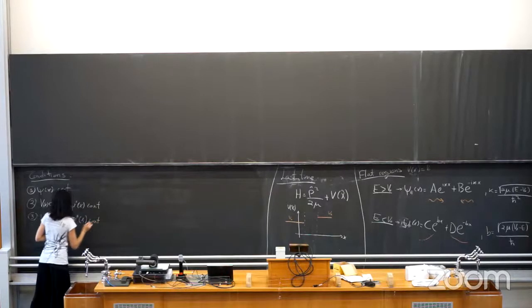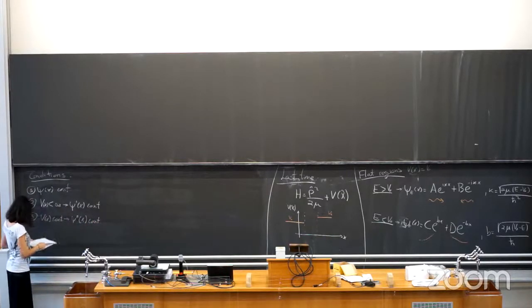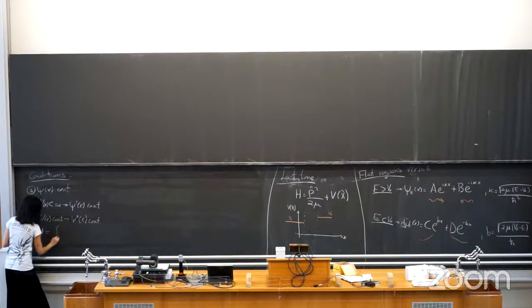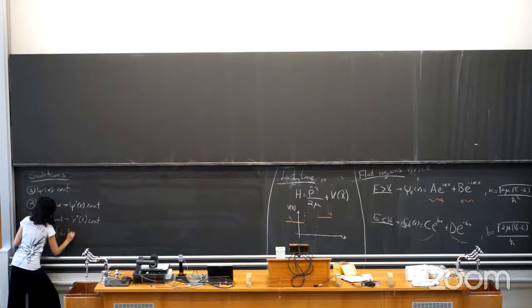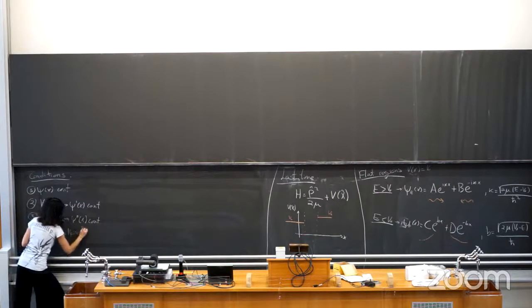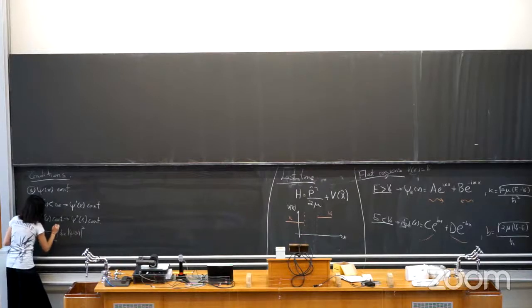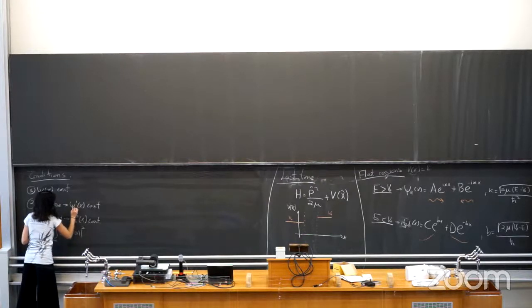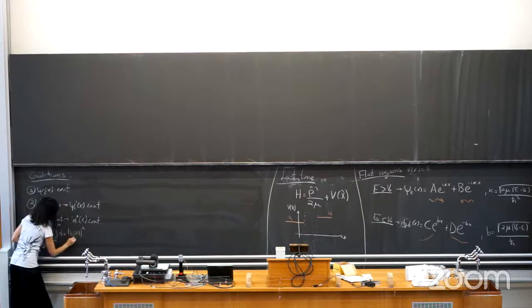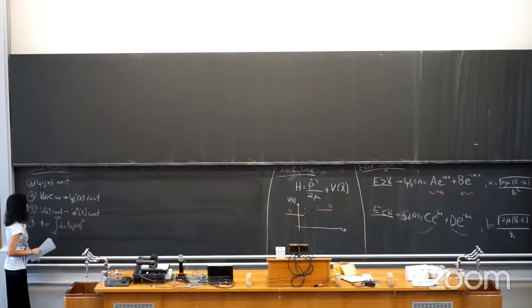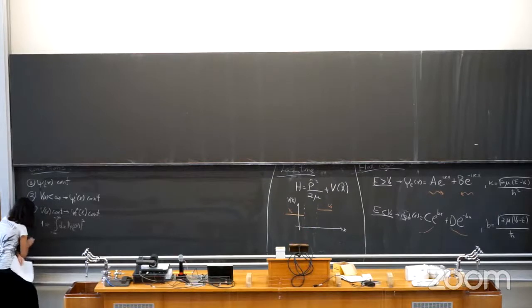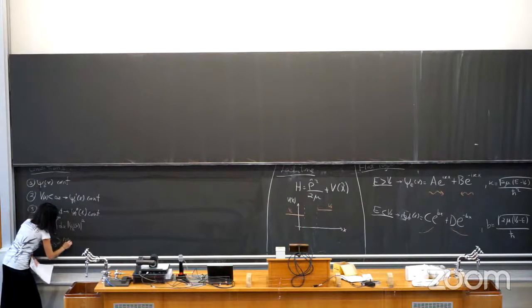And you must be able to normalize it. And finally we saw that the average energy of the particle must be larger than the minimum of the potential, right? So this is all that we did.